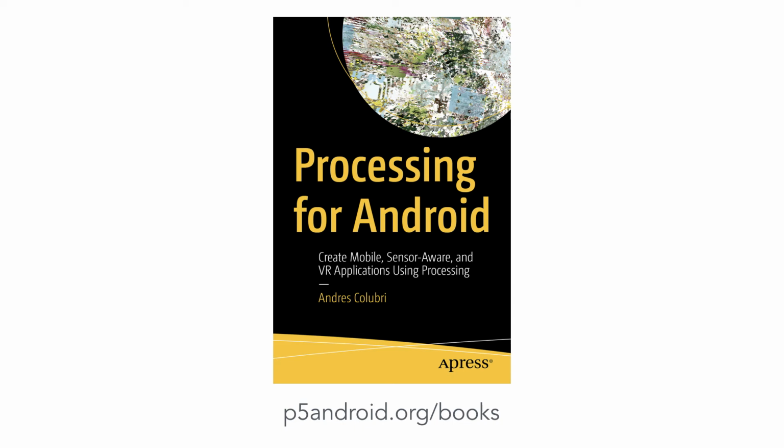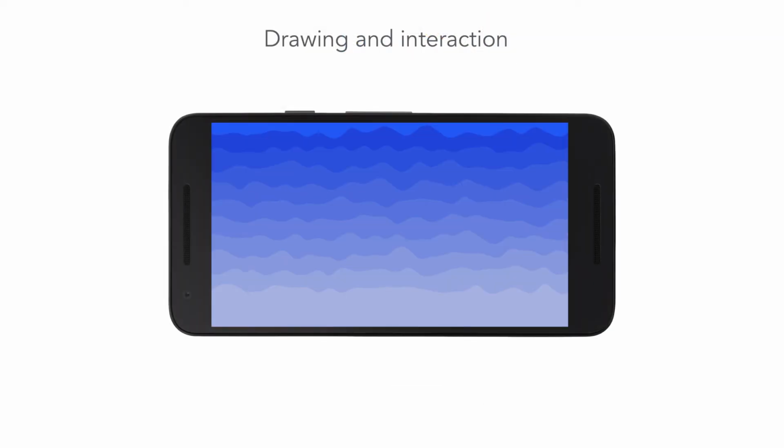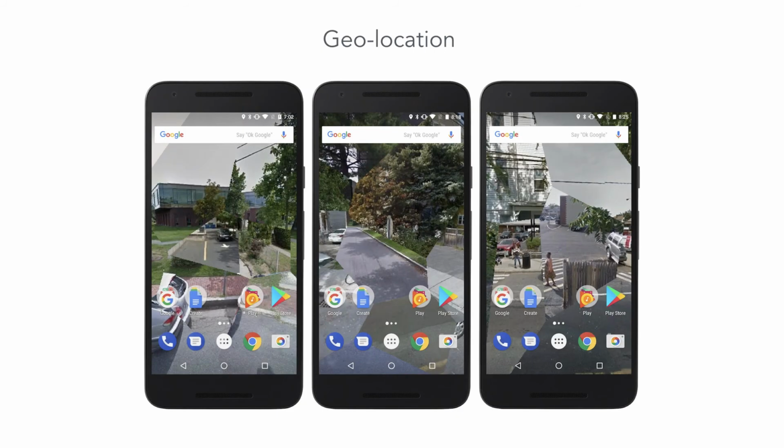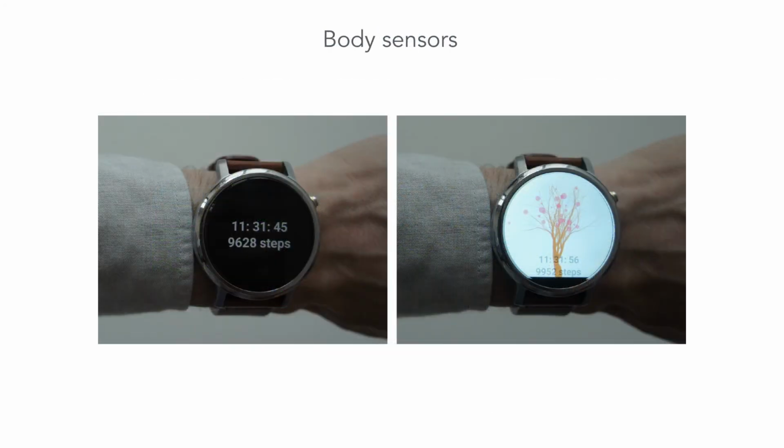The book tries to go over the basics of drawing and interaction, with emphasis on mobile development for Android, for example how to support multiple screen sizes and resolutions. Then more advanced projects where you can combine geolocation with Android APIs and, for example, Google Street View. Then using body sensors on watches.